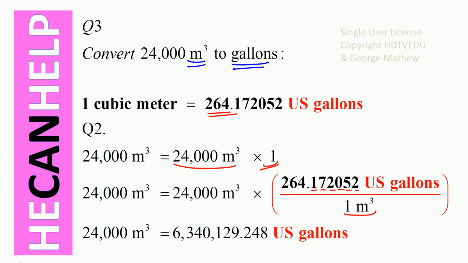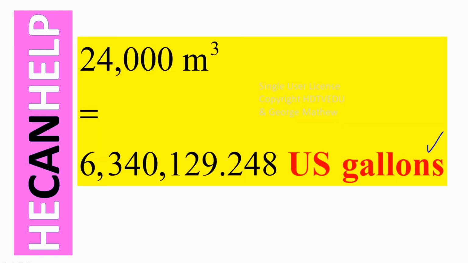Immediately you see that meter cube and meter cube cancels, and what do we get? We get US gallons. So it is 6,340,129.248 US gallons. So that's what we have.